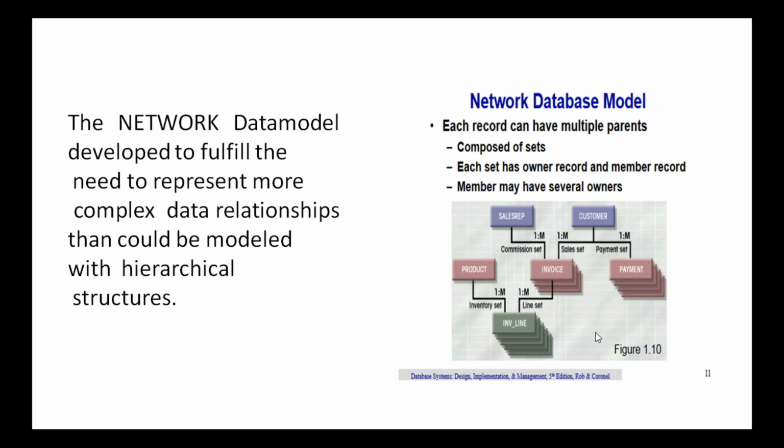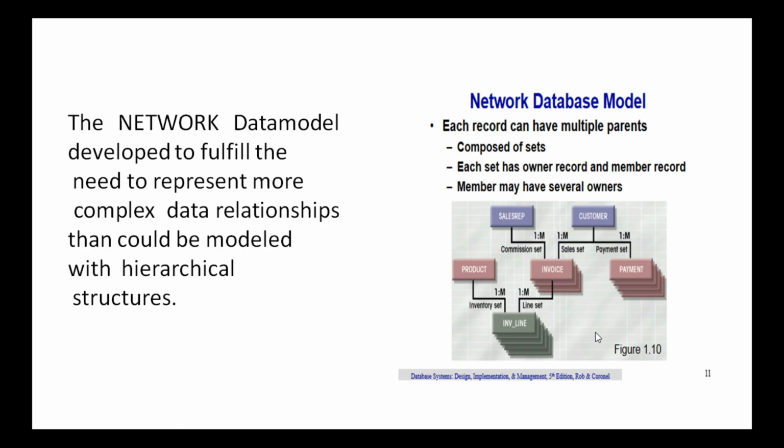So here the invoice is a member record, and the sales representative entity and the customer entity are both owner records, which have a one-to-many relationship between those sets. Why? Because one customer may generate many bills, and also one sales representative may print out many bills.